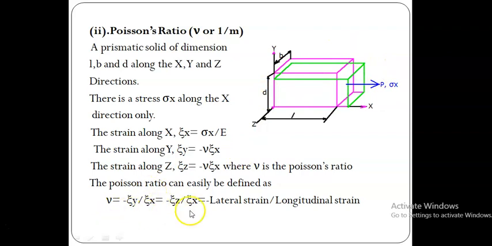So the Poisson ratio can be defined as the ratio between lateral strain and longitudinal strain. It is a unitless parameter.